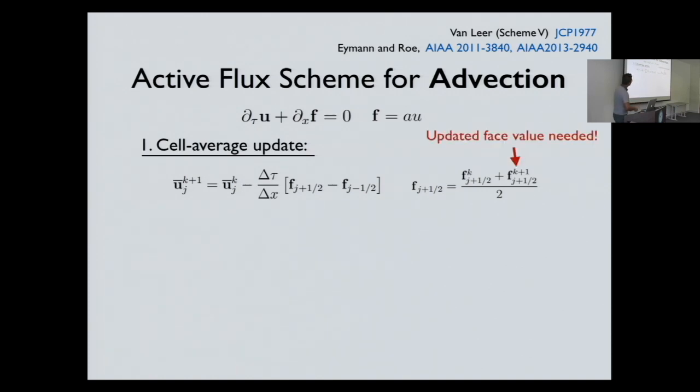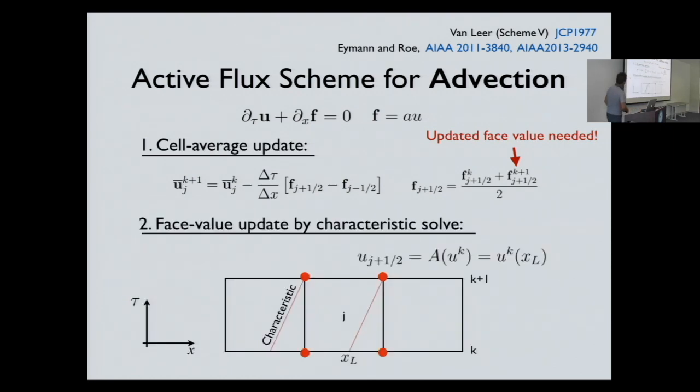This is where we need an evolution equation for the flux or the solution. So an updated face value is needed. How to compute this face value? This is very straightforward and natural for linear advection. You trace back. This is the next time level k plus 1, and here's the previous time level k. You simply trace back the characteristic and find the solution from the previous time level.